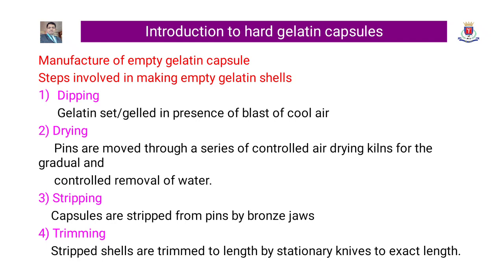Step 3 is stripping. Capsules are stripped from pins by bronze jaws. Trimming is the next step. Stripped shells are trimmed to length by stationary knives to exact length.